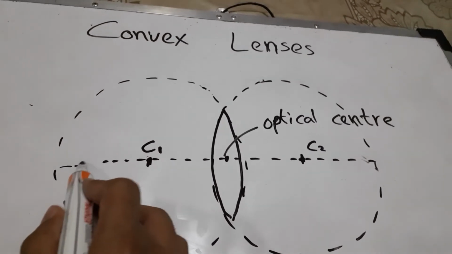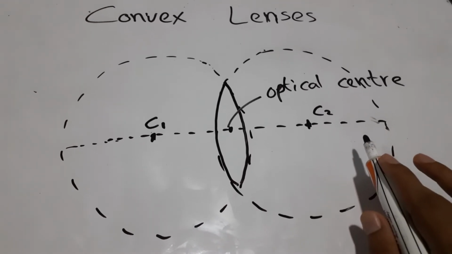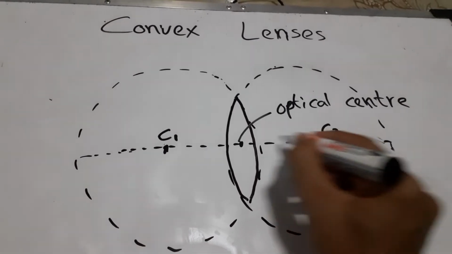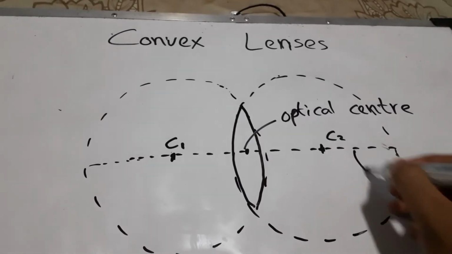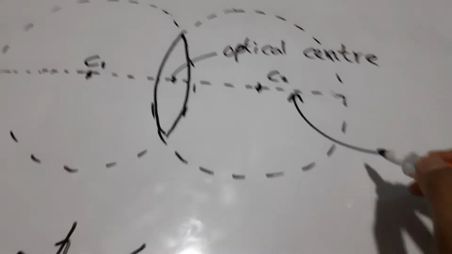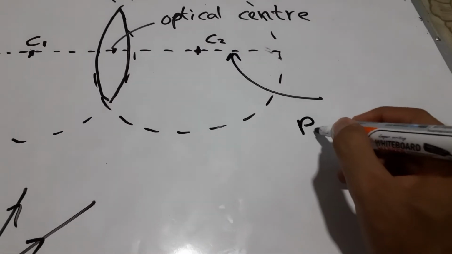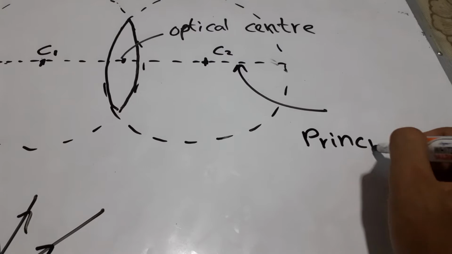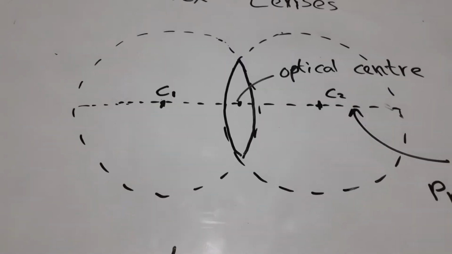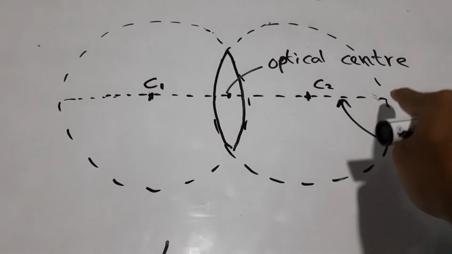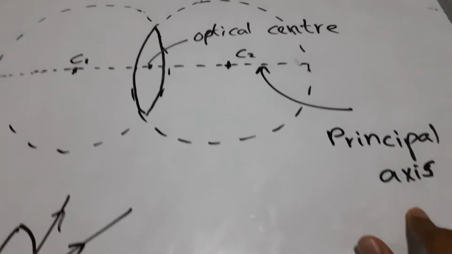The line we got by joining C1 and C2 is called the principal axis of a lens. The line joining C1C2, this whole thing, is called the principal axis.